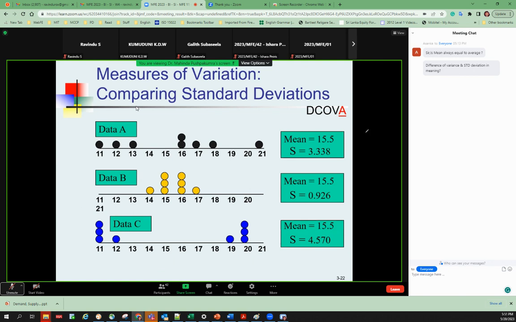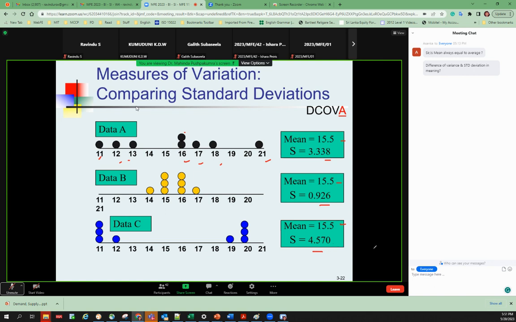You can see the mean is equal in all three data sets. The first one has observations 11, 12, 13, 16, 17, 18, and 21. The mean is 15.5. The standard deviations are 3.338, 0.926, and 4.50.